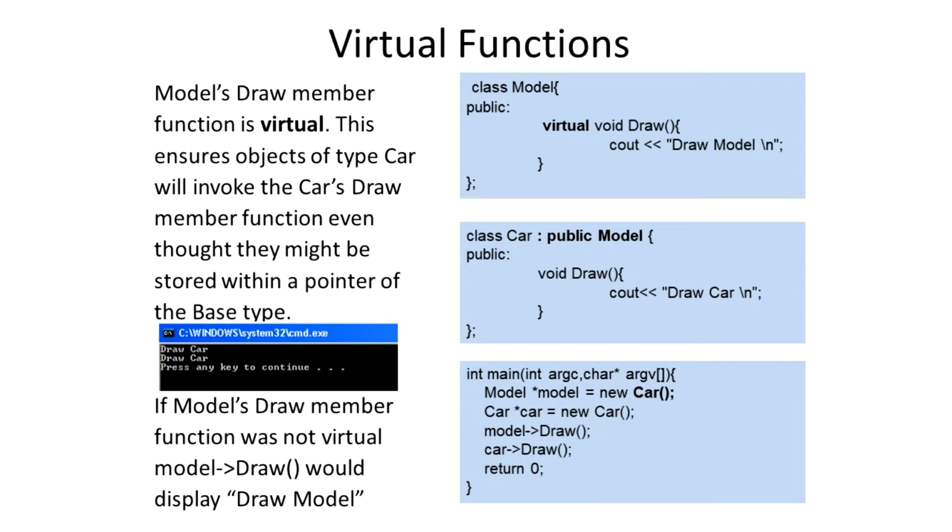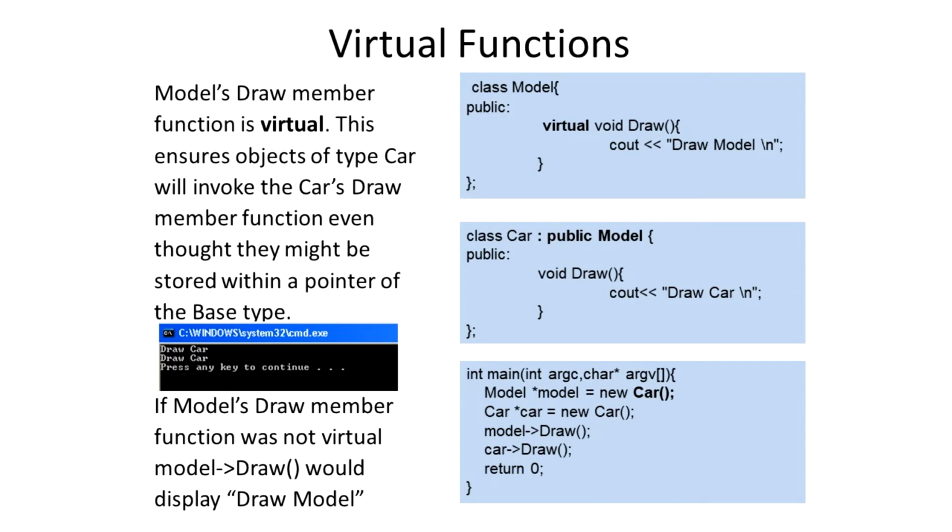Notice there, parent class model, and then asterisk model is the pointer variable name. And then we're assigning it the address of a new child object, a new car object being created on the heap. That's where we have a parent pointer pointing to a child object. So which function is going to be called?